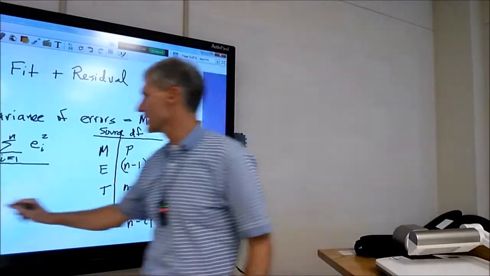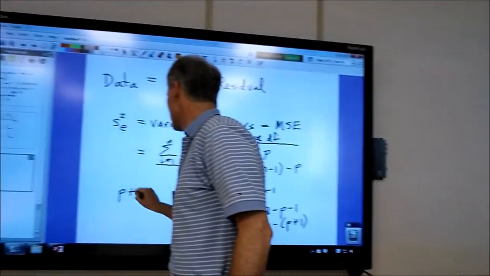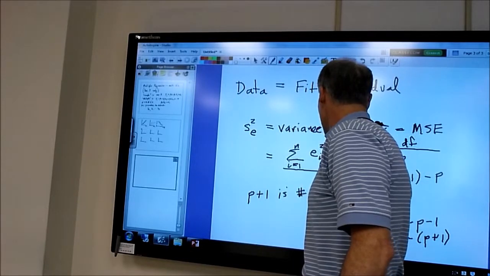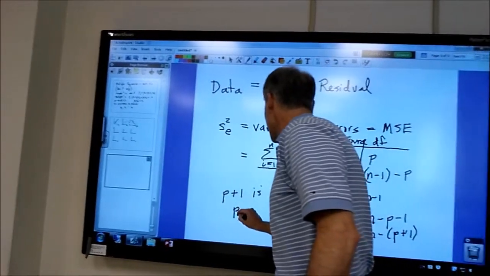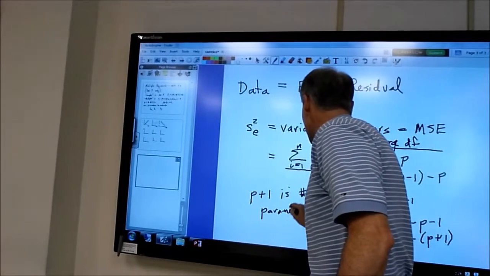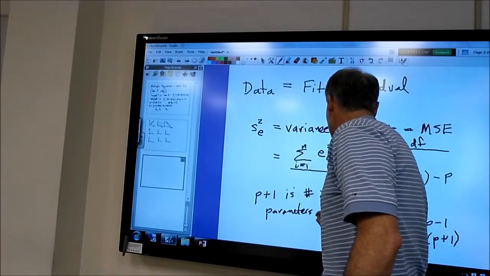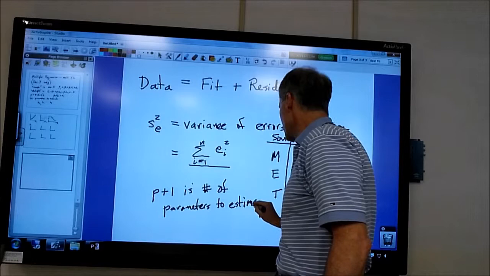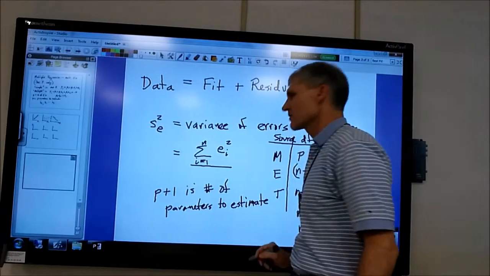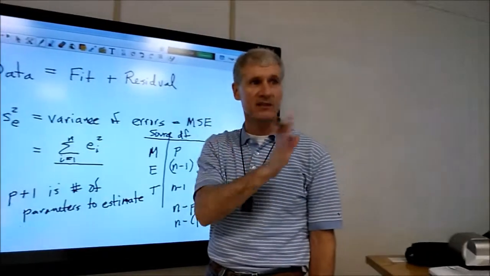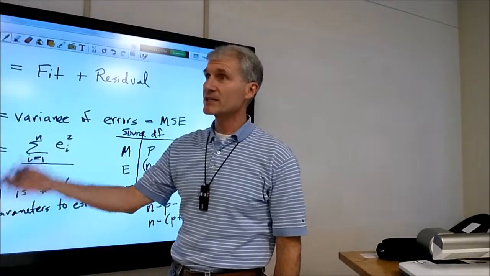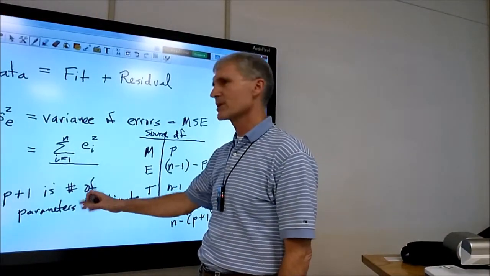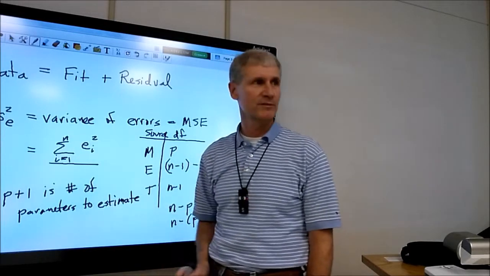So p plus 1 is the number of parameters to estimate. There's p of them that are coefficients of the x variables, because there's p x variables. Then there's the beta 0 we also have to estimate. So this is the intercept plus p more, p plus 1.